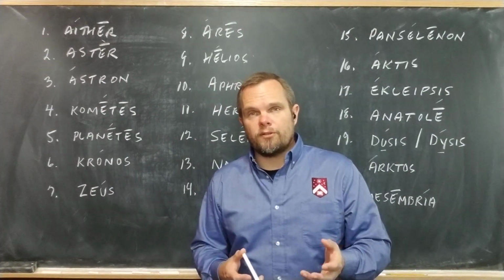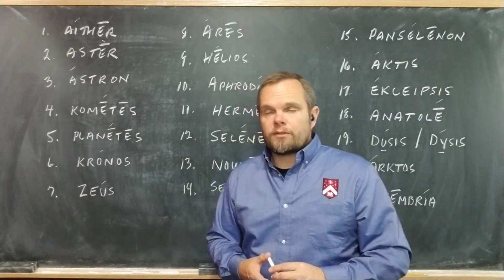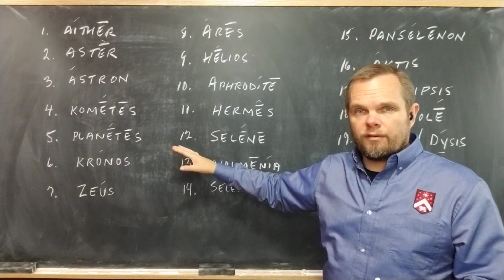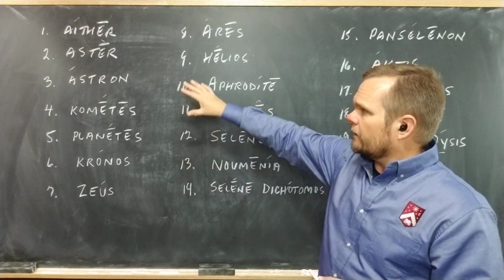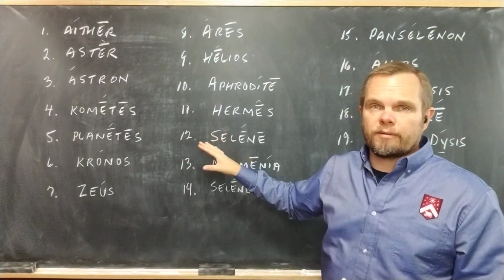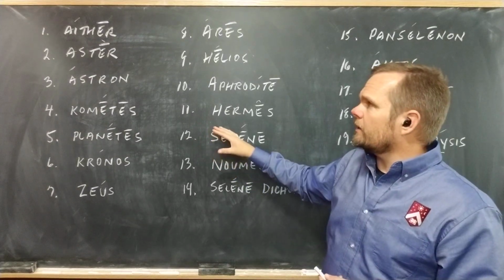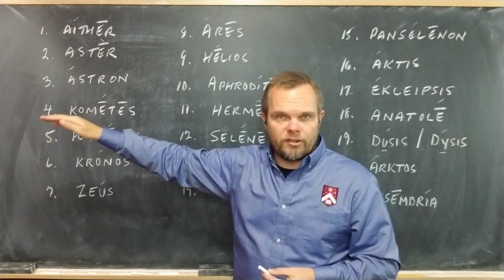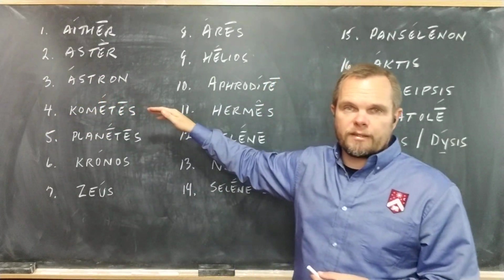But what I'm going to do in these videos is provide basically a fourth column of vocabulary terms. And what this is called is transliteration. And what it means is I'm simply taking the Greek word and exchanging English letters for Greek letters.